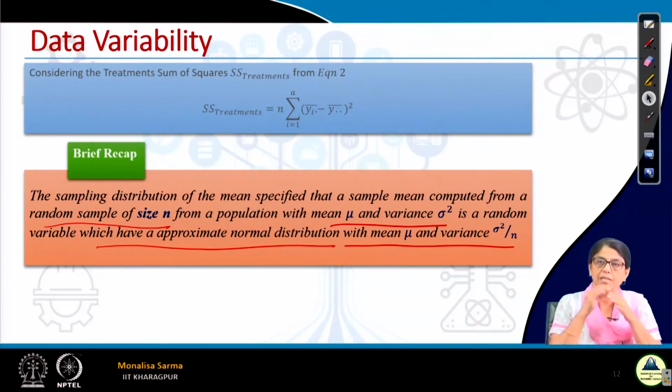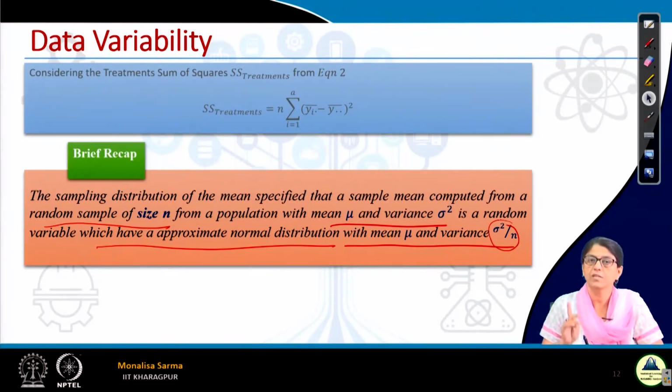The sampling distribution is approximately normal. Normal has two parameters, the mean and the variance. The mean of this sampling distribution is the same as the population mean, that is mu, and its variance is the population variance divided by n, that is sigma square by n. This we know from the sampling distribution of the mean.